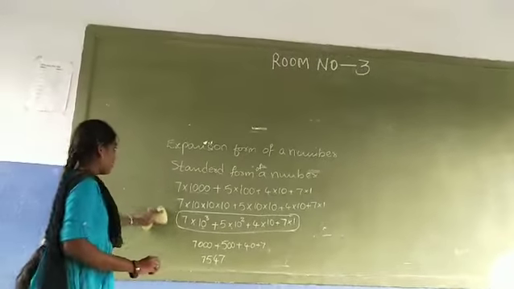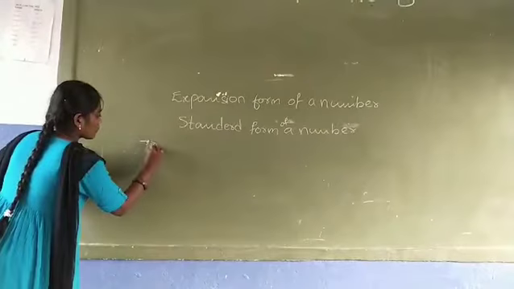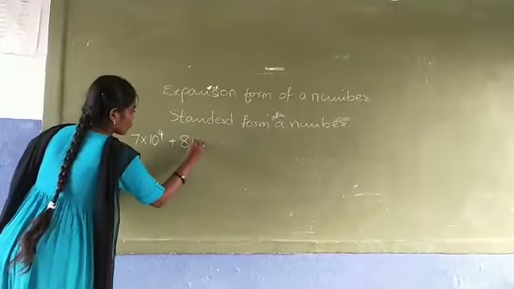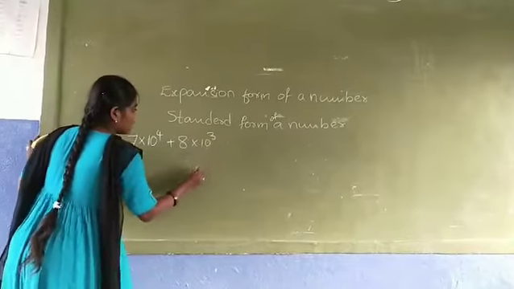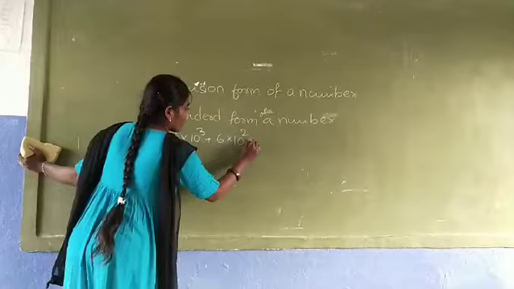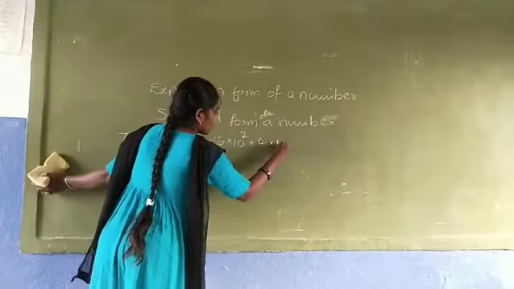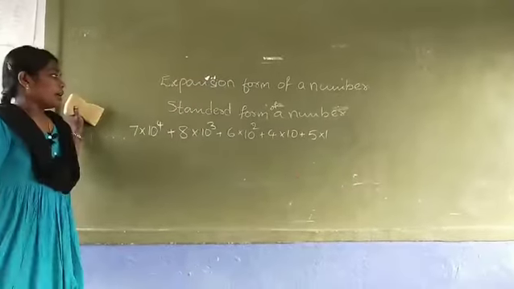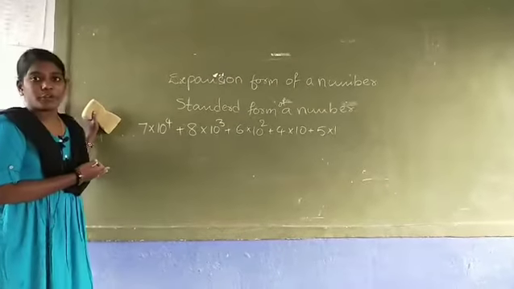Here I am taking one more example for you. 7 into 10 to the power of 4, 8 into 10 cube, 6 into 10 square, 4 into 10, 5 into 1. Write this expansion form in standard form.